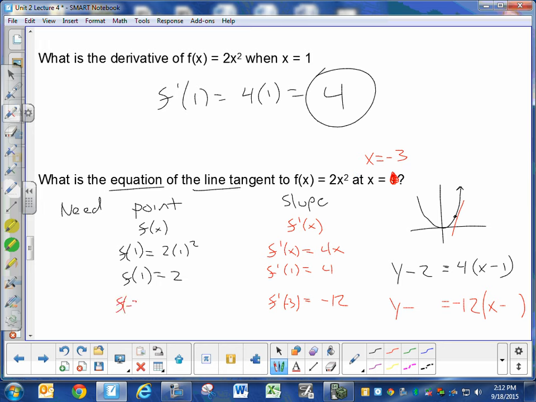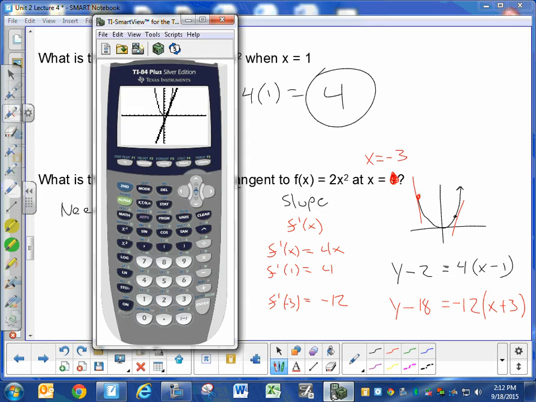Yep. You just plug in x there to get my point on my function here, -3, 18. And that would be the equation of the line. That would be right there. And if we graphed it, we could see it as well. We got 4x plus 1 already.